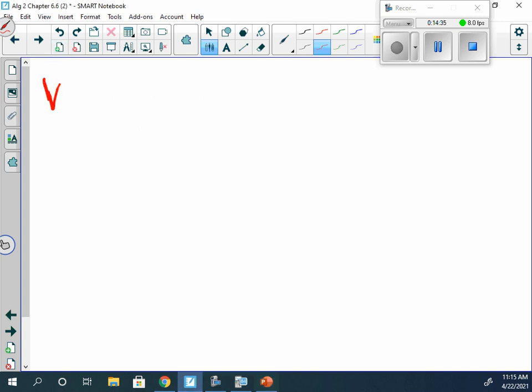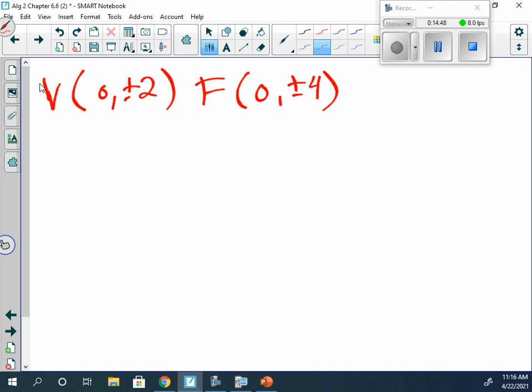Our vertices are going to be 0 plus or minus 2. And our foci is going to be 0 plus or minus 4. So if you haven't finished the ellipses, if we want to find the center, I'd say using the midpoint. It's actually a little bit easier than what we were doing.